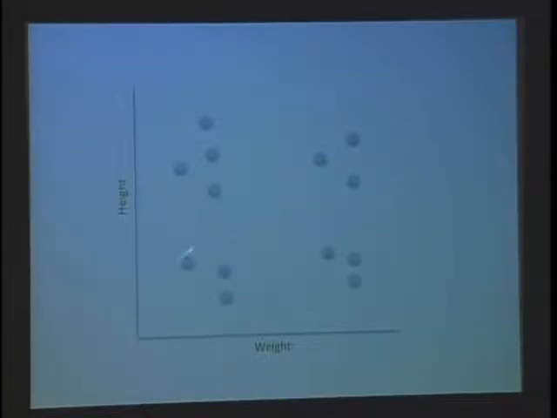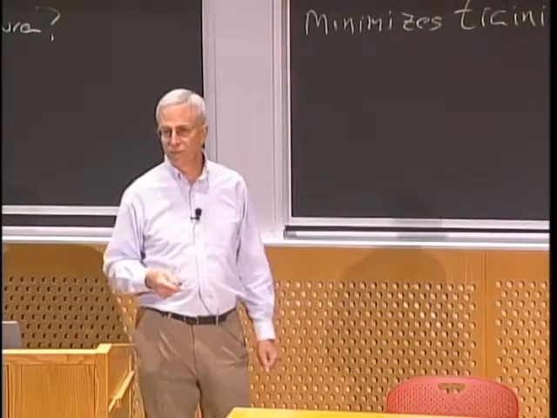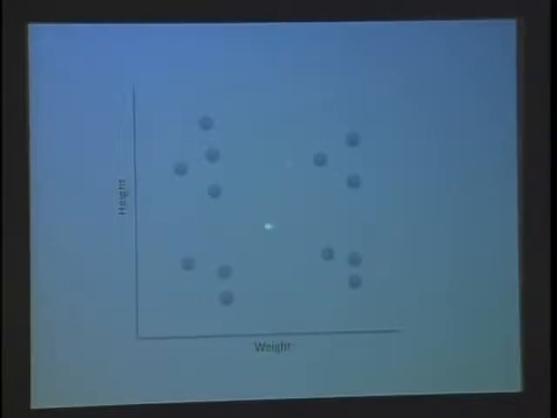My clusters should probably be this group of shorter people and this group of taller people. If I tell you I'm interested in weight, then probably I want to cluster it with the divisor here between the heavier people and the lighter people. Or if I say, well, I'm interested in some combination of those two, then maybe I'll get four clusters, as I discussed before.